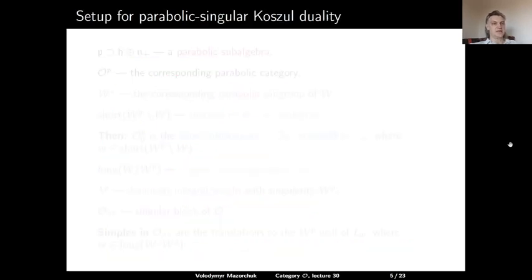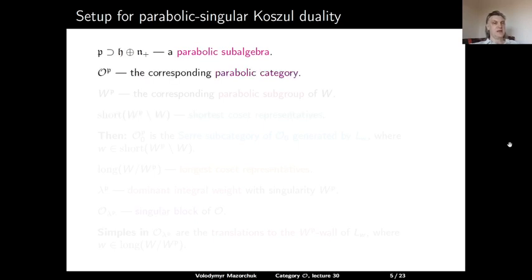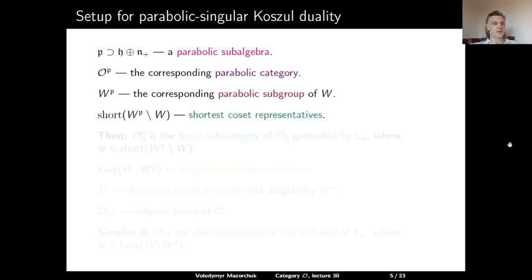Now we can discuss the setup for the parabolic-singular Koszul duality. So let p be a parabolic subalgebra of G containing the Borel subalgebra h plus n plus. Consider the corresponding parabolic category O^p, and let W_p be the corresponding parabolic subgroup of W. Let W^p denote the set of all shortest coset representatives of W modulo W_p acting on the left.